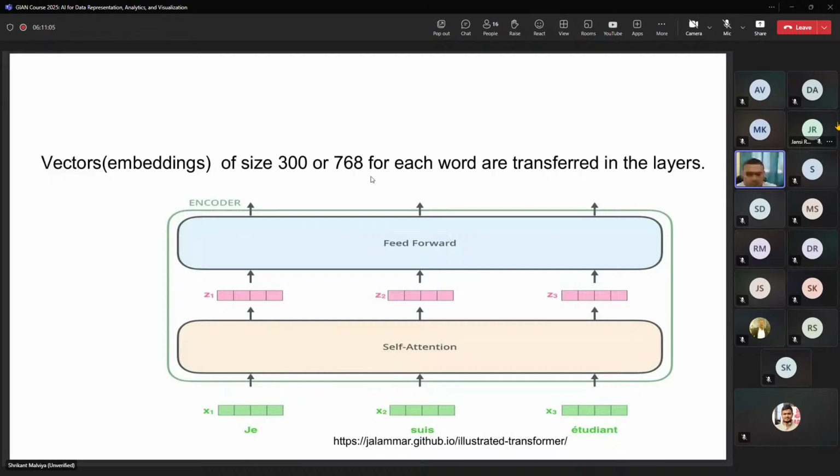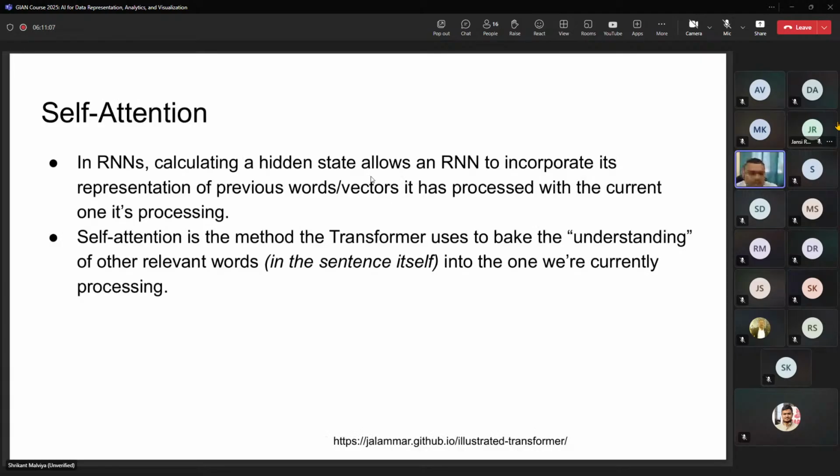Now, in an RNN, calculating a hidden state allows the RNN to incorporate its representation of previous word vectors it has processed with the current one it's processing. So it uses the previous representation in the sequence to generate the current one.